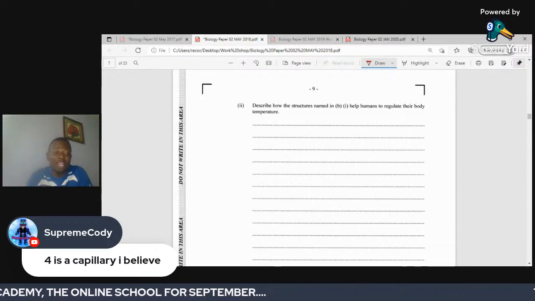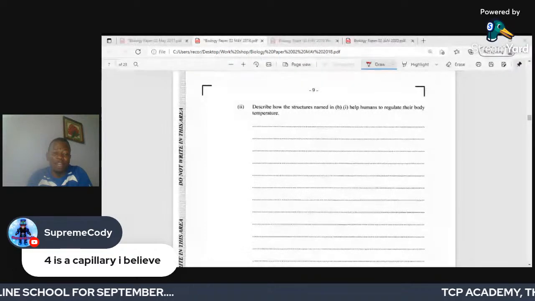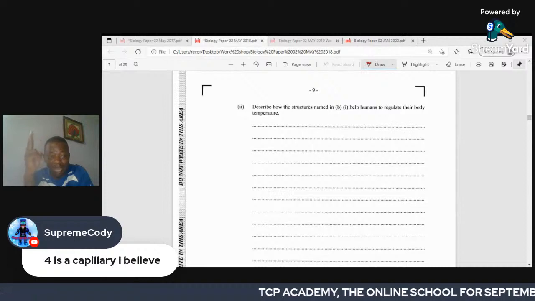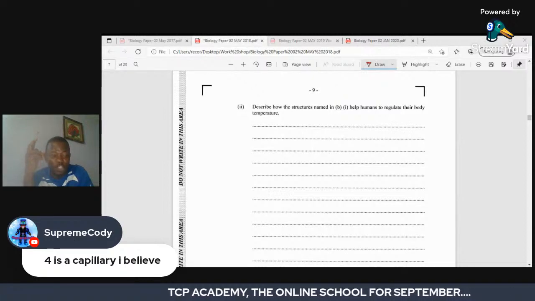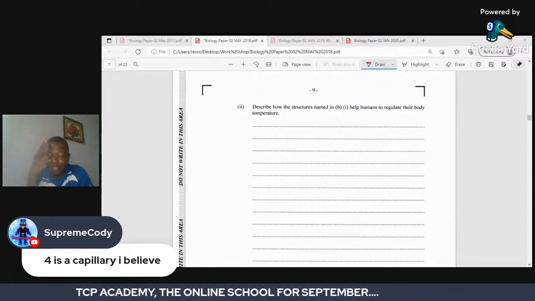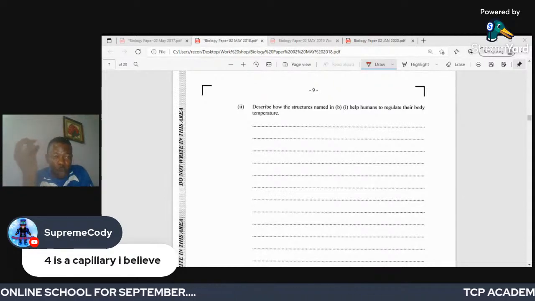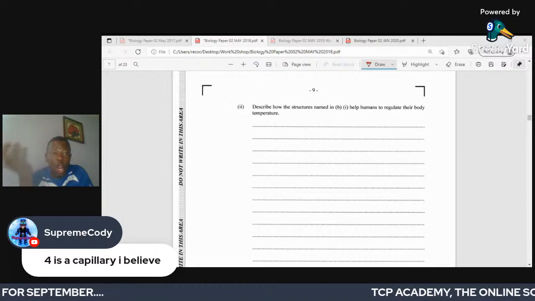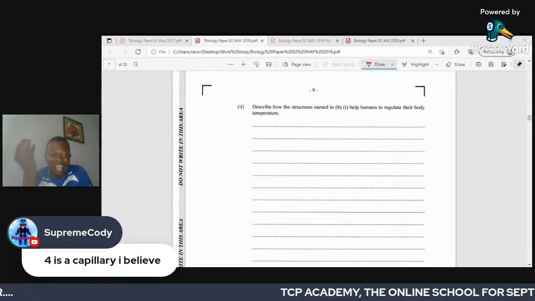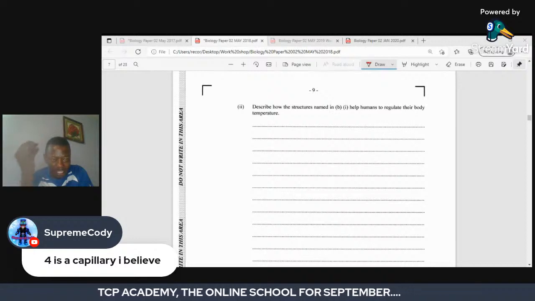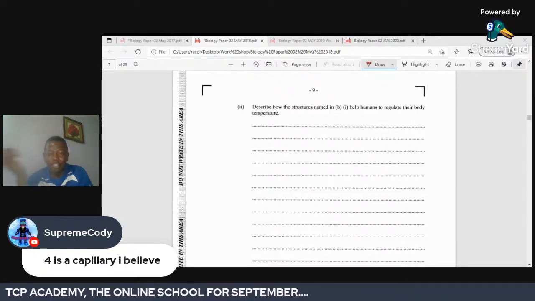So I will remind you of what we named there: the hair, the blood capillary, the sweat gland, and the hair erector muscle. Now you have to tell me, how will these help an individual to regulate his or her body temperature?